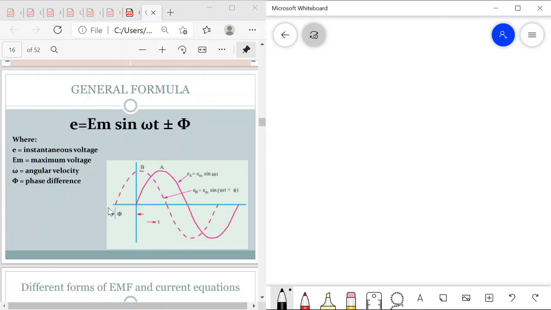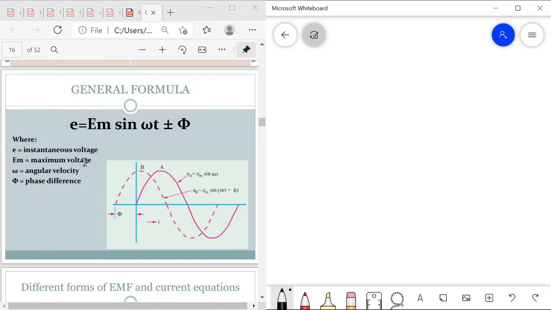This is our reference, and the wave starts at this point. So the equation will be E is equal to Em sine omega t plus or minus phi. This phi is the phase angle. It is the angle from the start up to the time equal to 0 at this point.